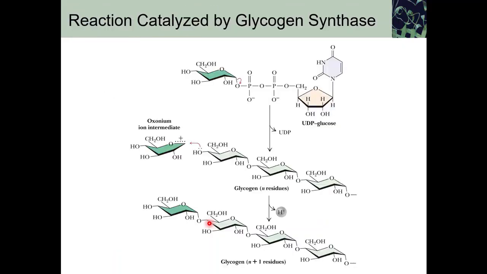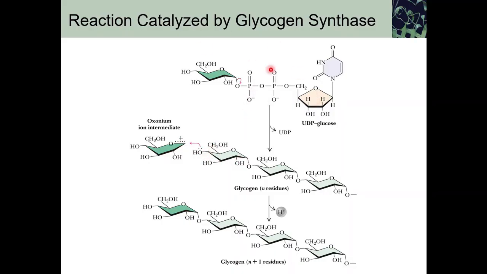All right. So here's what happens. So this is your glycogen, right? And of course, this is a simplified depiction of glycogen because glycogen has a lot of branches. So this hydroxyl group at carbon number 1, 2, 3, 4 will then react with your UDP glucose.